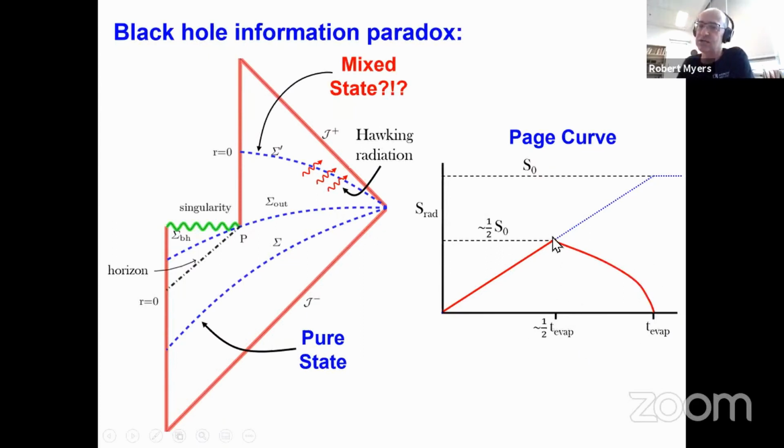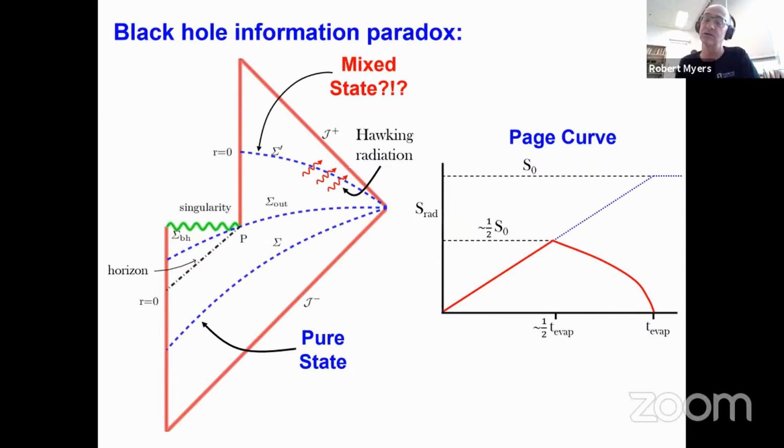And that turnaround time, or the Page time, is somewhere around the halfway point in the entire process. Now, he didn't present an argument that this is the way that the physics works. He simply argued that if this is to be a unitary process, this is the logical way in which that entropy should evolve.